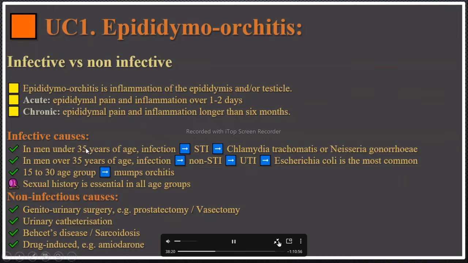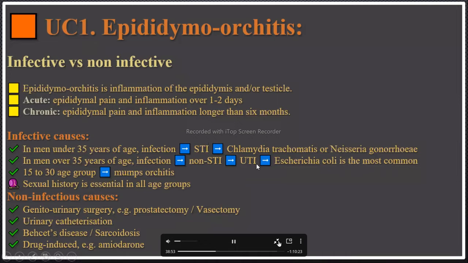In the scenario, if the patient is male over 35 years of age, think about infection also, but here it will be non-STI, non-sexual, E. coli. So under the age of 35 in the scenario, think about sexually transmitted infection: chlamydia, Neisseria. If the patient is more than 35, think about non-sexually transmitted, so it will be UTI.